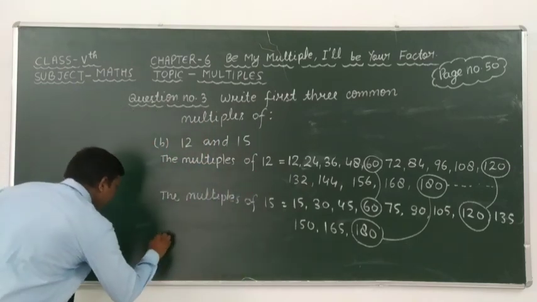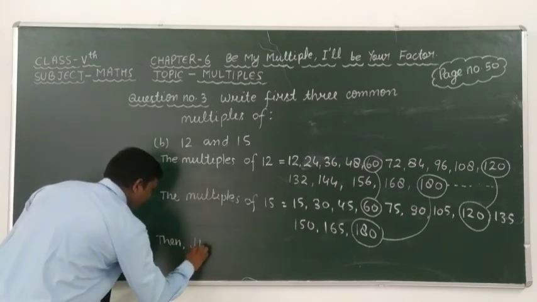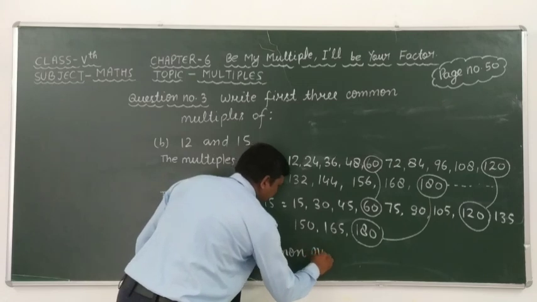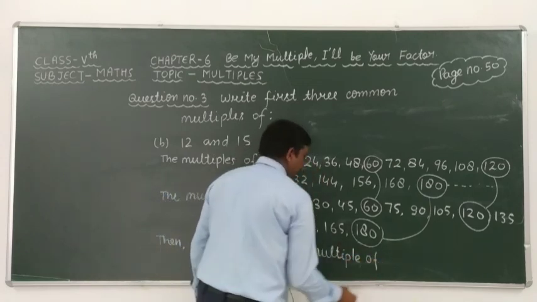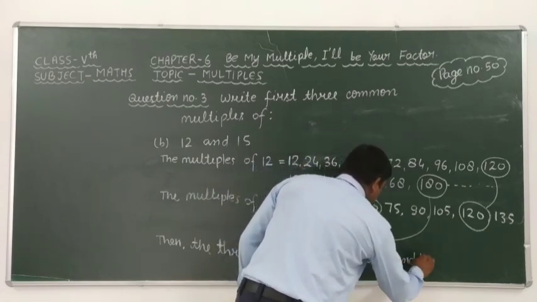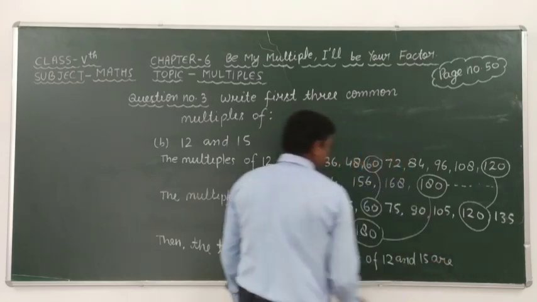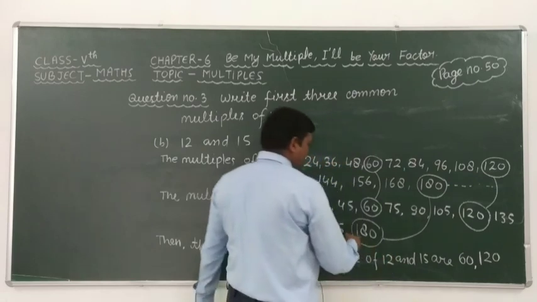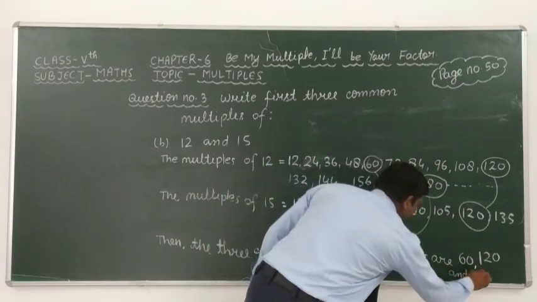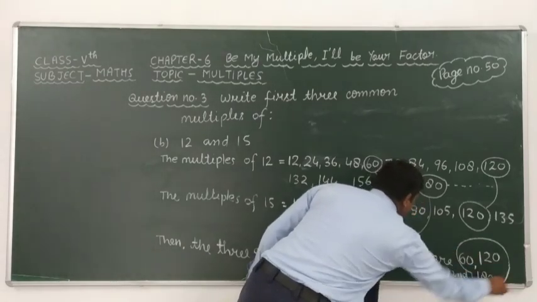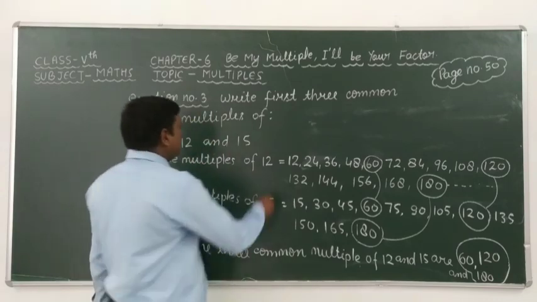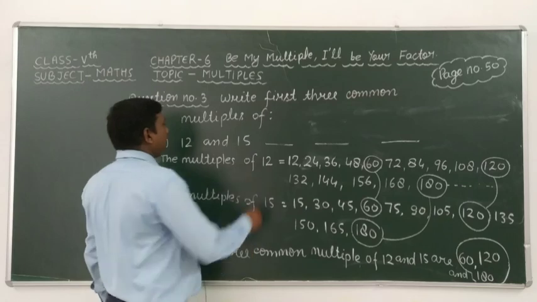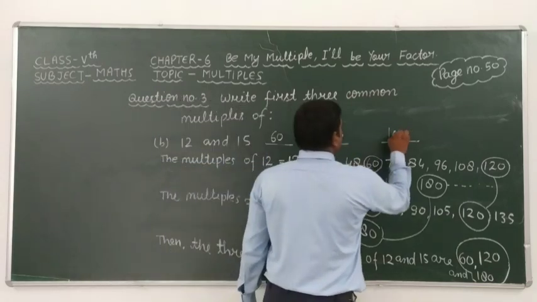Okay students, therefore the first three common multiples of 12 and 15 are 60, 120, and 180.